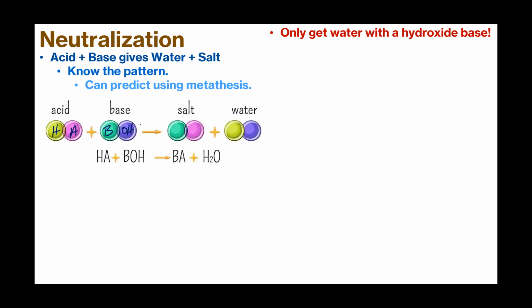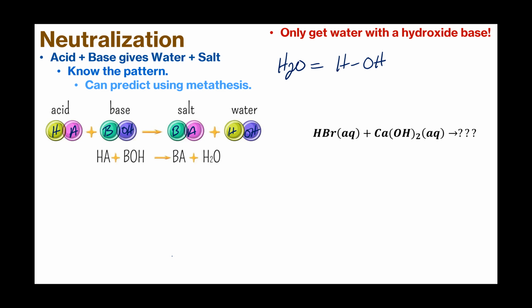This is going to give you the salt, which is what's left over, the B and the A. And then the water is going to be H and OH. So you can think of this as a metathesis. This will also help us balance things. Remember, we talked about how thinking of water as HOH will help us balance things as we go. So let's start diving in and looking at what some of these patterns are and try to predict some stuff as we go.